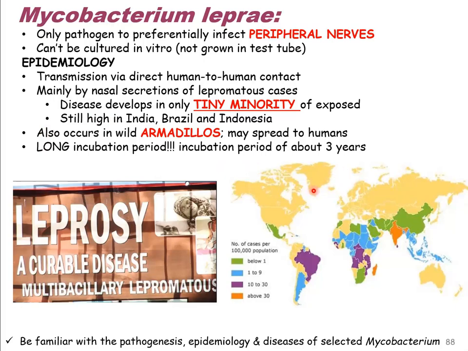And most people are exposed and take care of it, just like in tuberculosis. But it is the one disease that's going to affect peripheral nerves, so loss of sensation, and also it prefers cooler temperatures, so usually the appendages. So tips of the nose and fingertips can be lost.